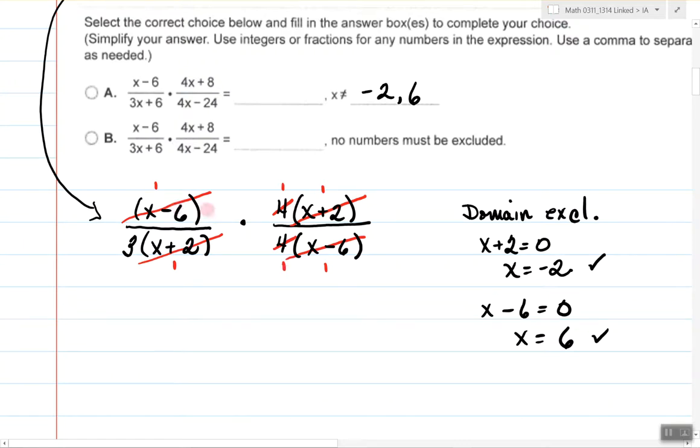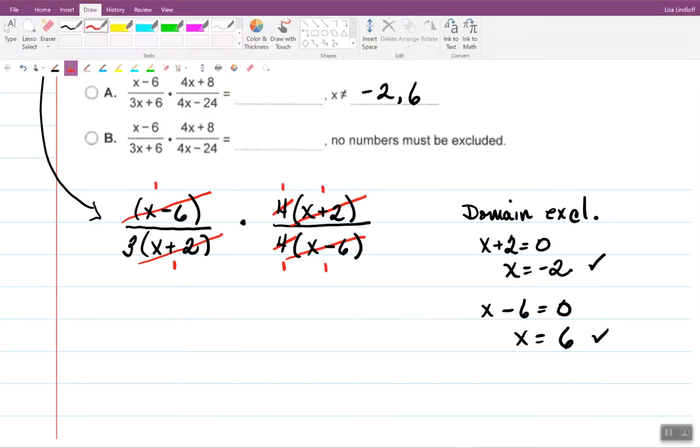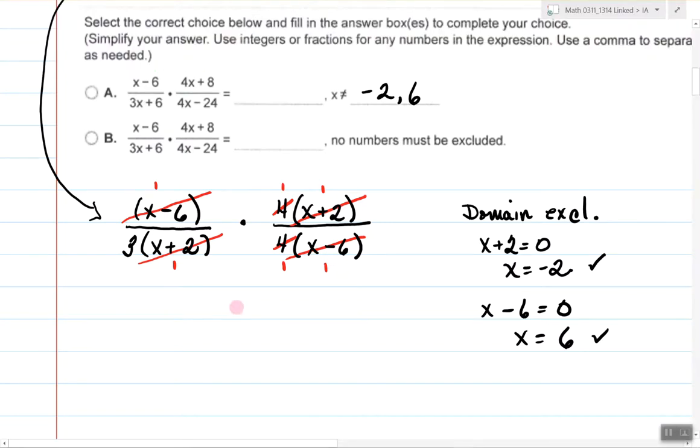So that if everything is divided out, it's really a product of 1 times 1 times 1, which is numerator of 1. Denominator, I have 3 times 1 times 1 times 1, which is 3. So this fraction simplifies to be 1/3, and the domain exclusions are negative 2 and 6.